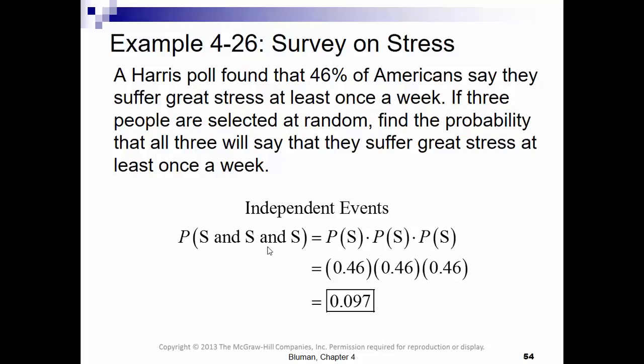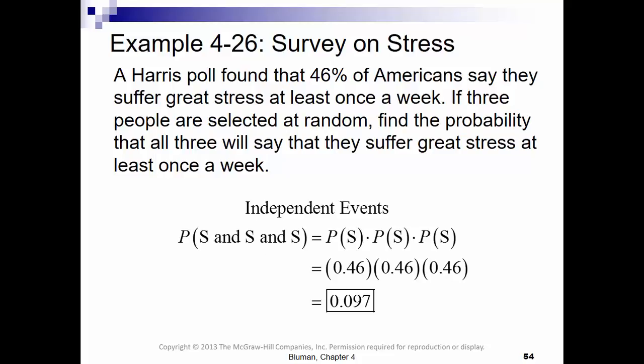So you've got 3 different people that you picked, and it's a 46% chance that they're going to say that they suffer great stress. For each person, it's a 46% chance, or 0.46. We're basing this on the Harris poll. So the first person is 0.46, the second person is 0.46, and the third person is 0.46.